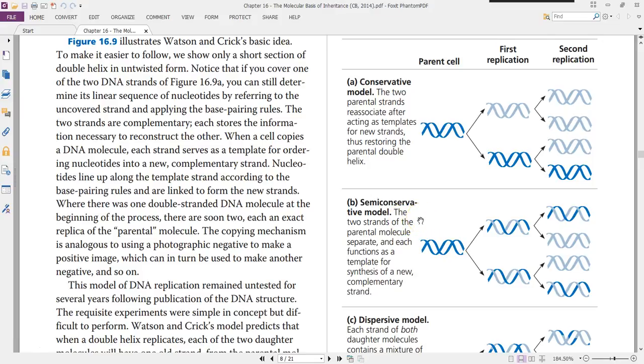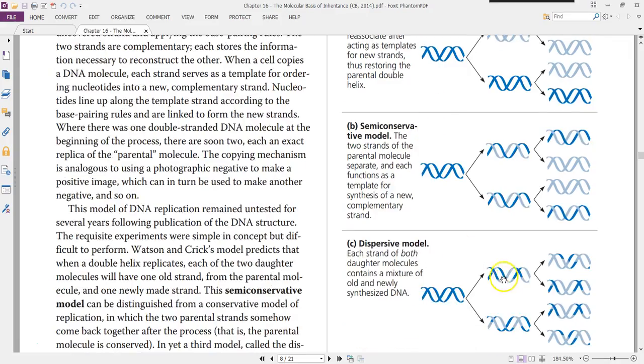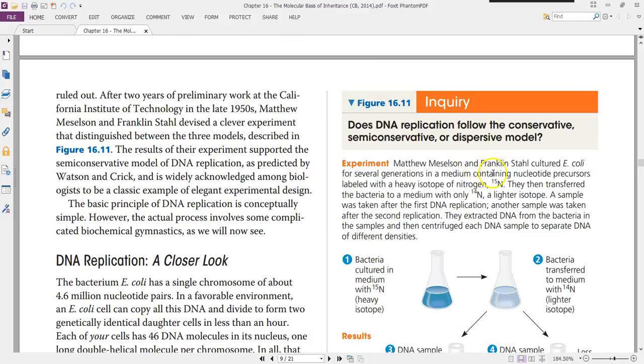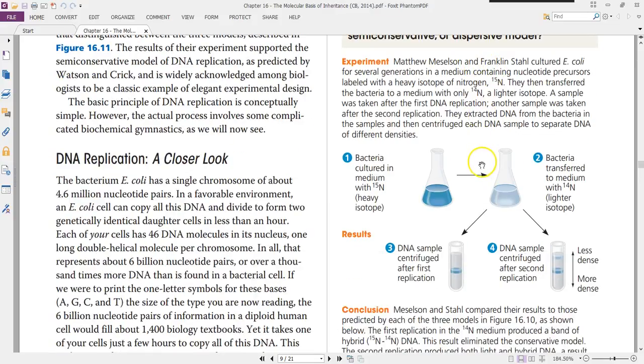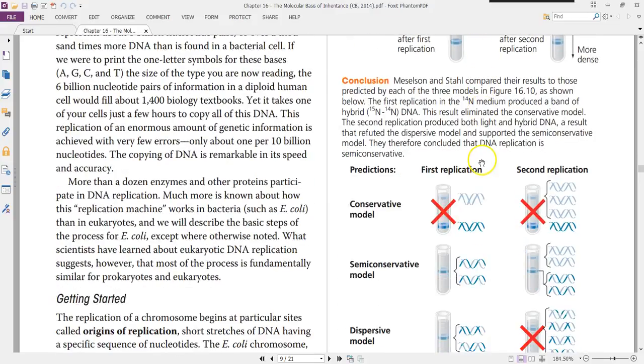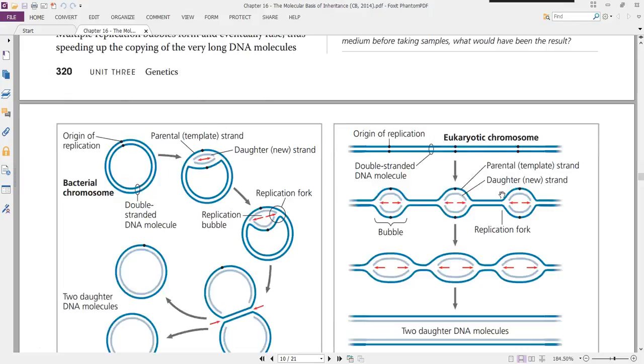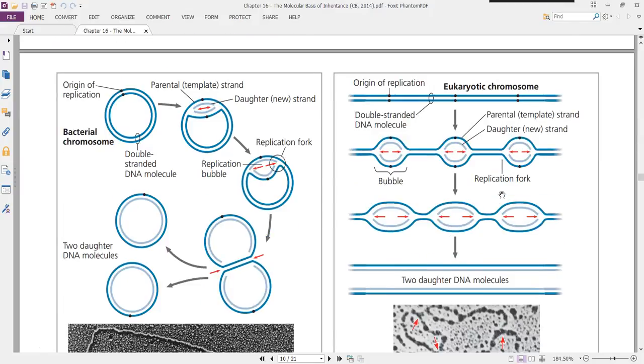Now this model of DNA replication has been shown to be correct as opposed to the conservative model and the dispersive model, which have been shown to be incorrect, and it was an experiment by Meselson and Stahl, a pretty cool experiment actually, which showed that the semi-conservative model was the correct model of DNA replication, and you can read more about that in this textbook chapter. So, how does DNA replication work?